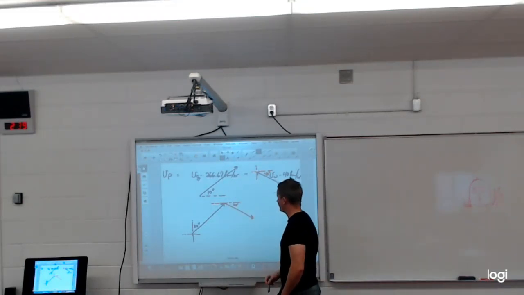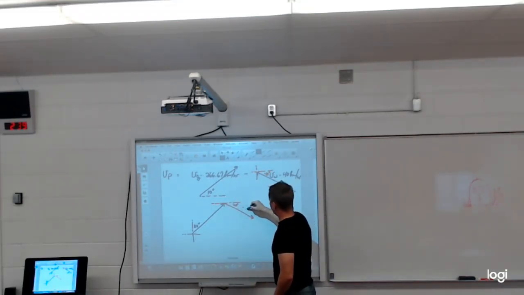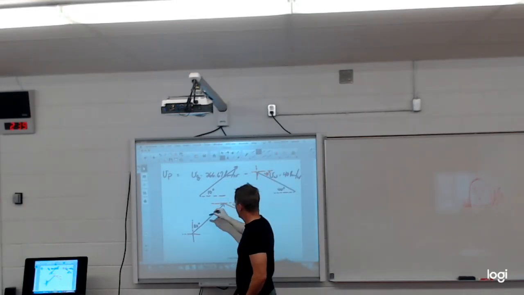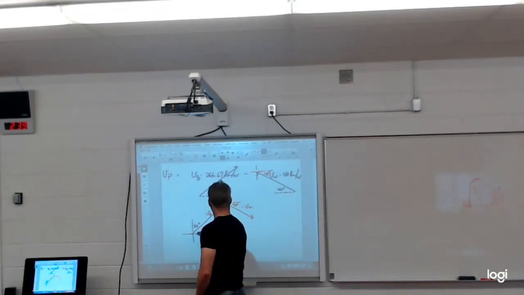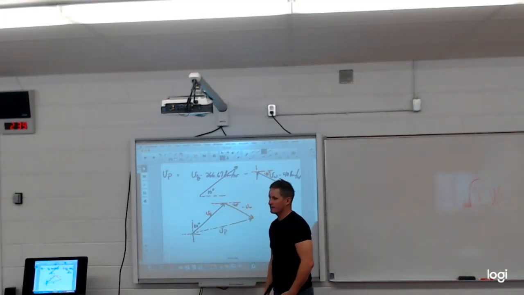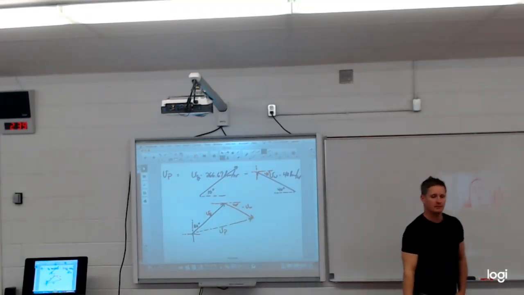This is the negative velocity of the wind. This is the velocity of the ground, and this is my velocity of my plane. So far, so good? You following that, guys?